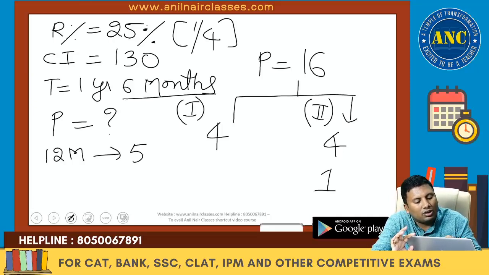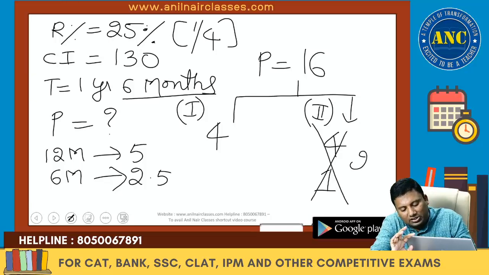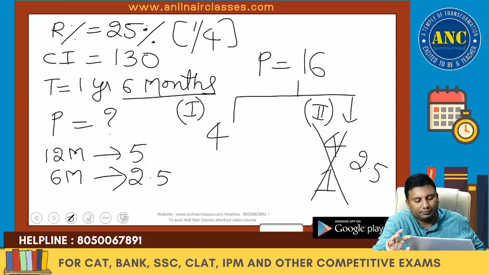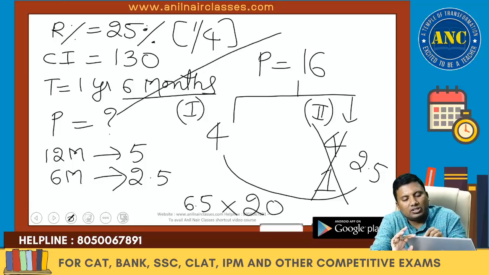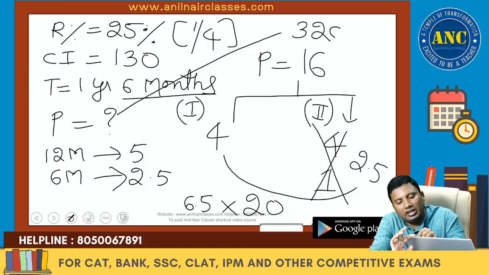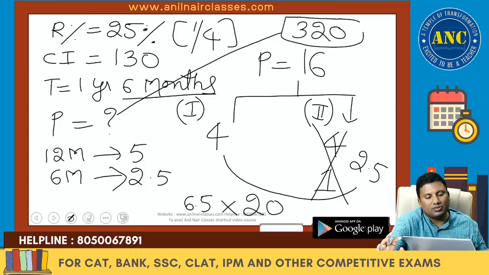But according to the question I require 6 months, half of it. So 5 is replaced by 2.5. So 4 plus 2.5 is 6.5. Into 20 is 130. So principal is 16 into 20, which is 320.